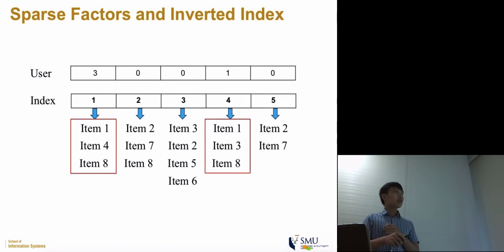Imagine that this is the whole set of items, and now you can reduce the number of items to just 1, 4, 3, and 8. Meaning you can reduce half of the number of items to do the exact computation. Is that clear?